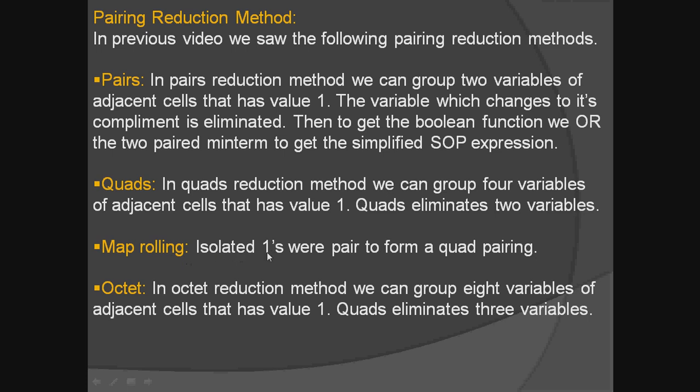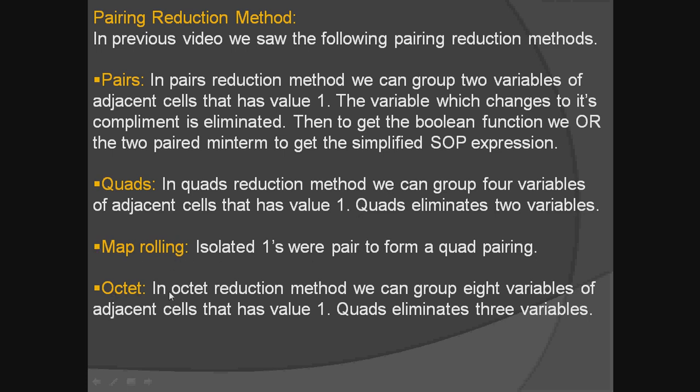All the isolated ones can be paired together, because isolated ones complicate the designing of the circuits. Clear? So minimum, it has to be paired. If there are four isolated ones and they are paired, it forms a quad. So in quads it becomes four variables, and that is achieved by map rolling.